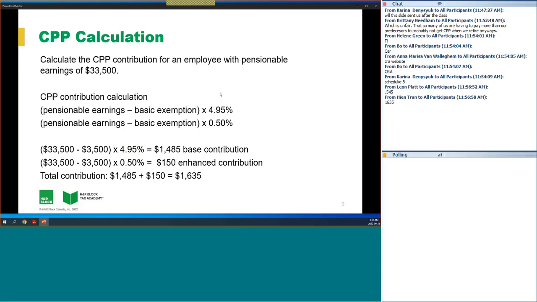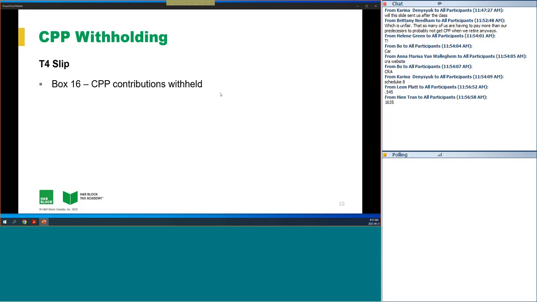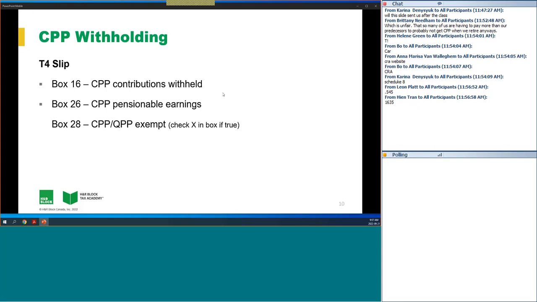Okay. So then we have information about what was actually done, because there's what should have happened and then there's what did happen, and those things might not be the same. So on a T4 slip, we have several boxes. Box 16 is what was actually withheld by the employer.